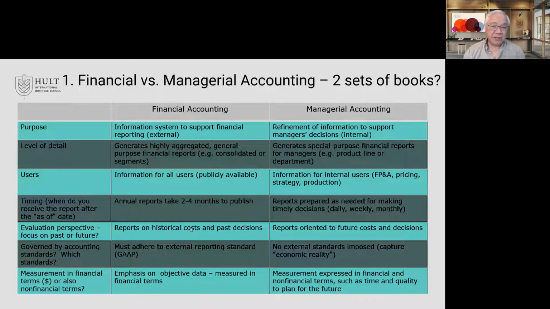So that's not a financial piece of data. It's a percentage. What percent of time are our systems up and running efficiently and at a high level of performance? That's what the IT manager wants to know, non-financial. So managerial accounting includes both financial and non-financial measures.